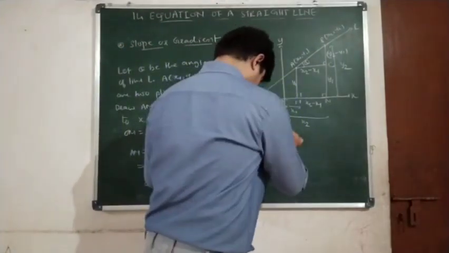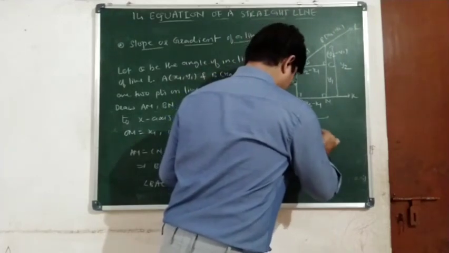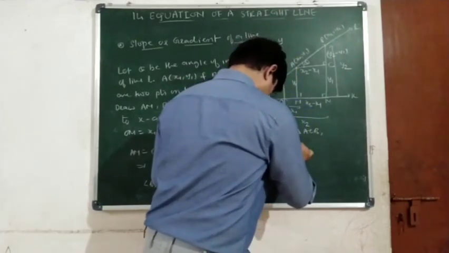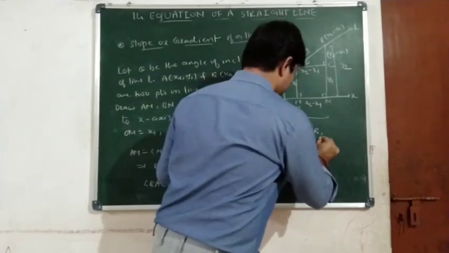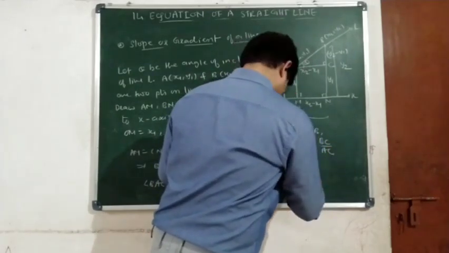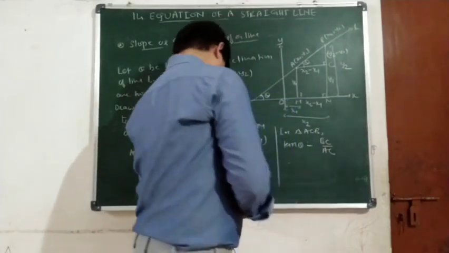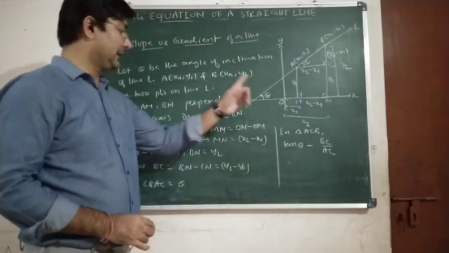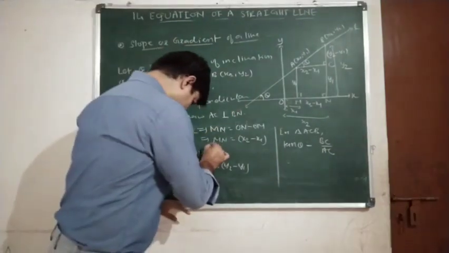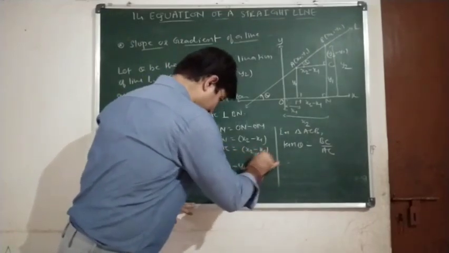Now in triangle ACB, tan theta is equal to BC upon AC. Now MN and AC are equal, so in the next step we can write AC is equal to x2 minus x1.